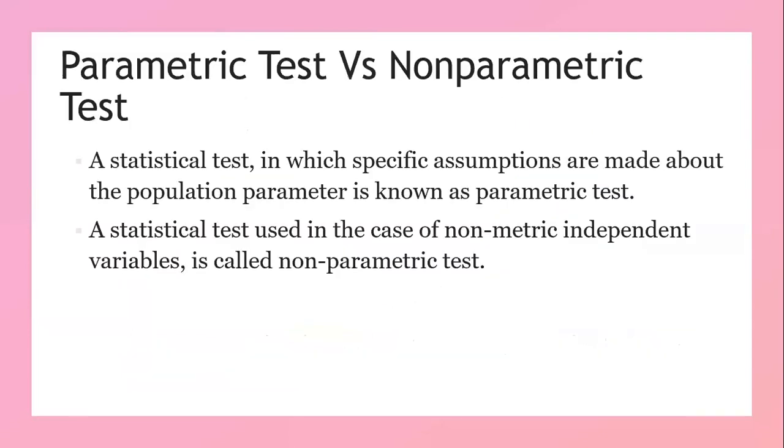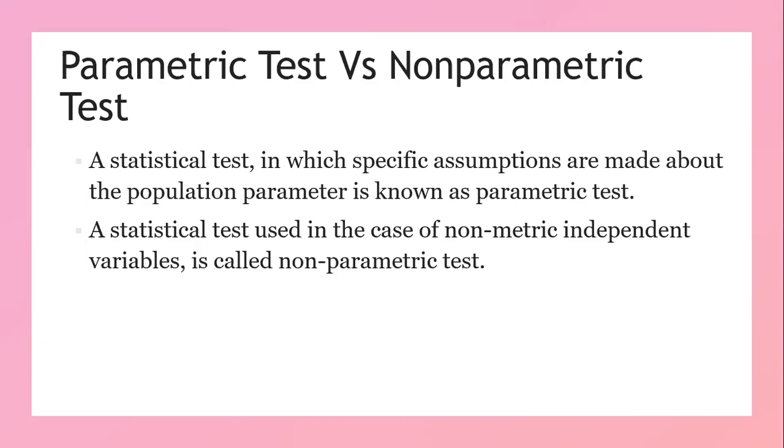Next concept here, as we discussed in statistical tools, we have parametric tests and non-parametric tests. So what do you mean by a parametric test? A parametric test is nothing but we are making some assumption about the population parameter. We assume some parameters like the mean or standard deviation of the population before going for a statistical test. Some of these tests require the population mean or the population standard deviation.